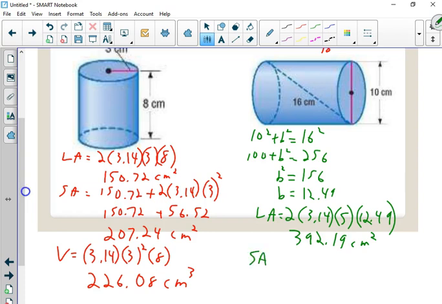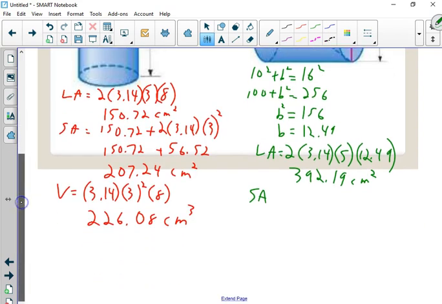Now the surface area, again, is going to be that number plus 2 pi r squared. 2 pi r, remember, is 5 squared.